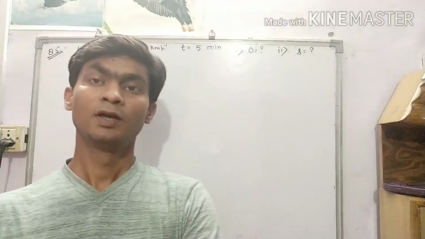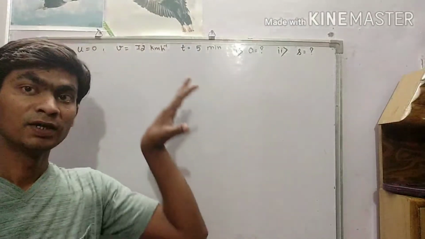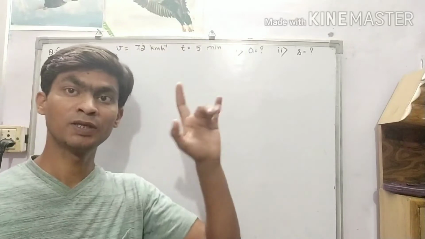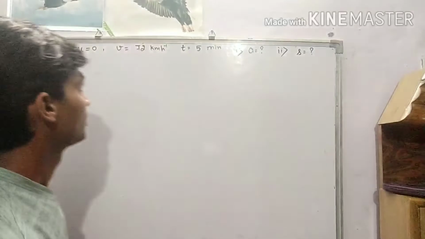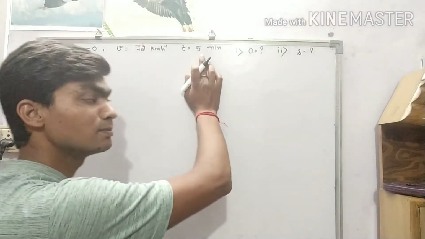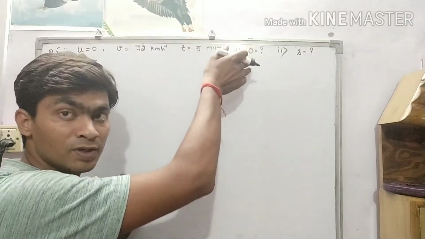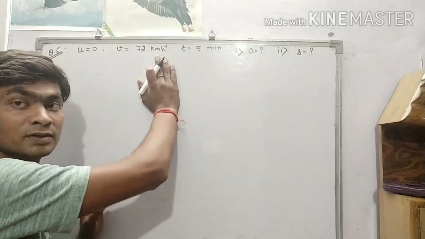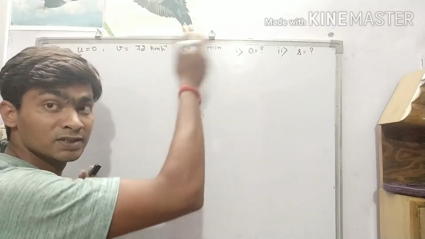Correct? Before you solve, you must think about the units. The units must be in the same metric system. Here you can see it is in kilometer per hour, and the time is given in minutes. So either you can change it into hours, or you change it into meter per second, and time also into seconds.